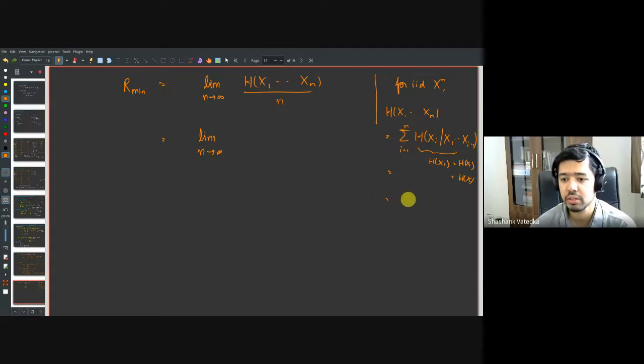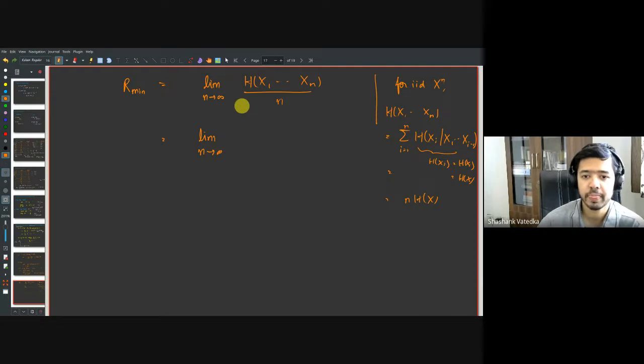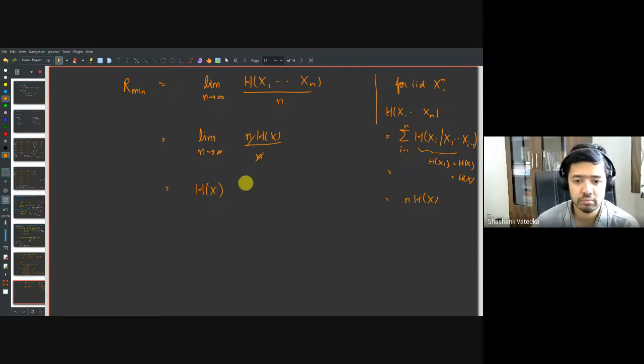So this quantity is simply n times h of x. All right, so this is n times h of x divided by n. The n and n cancel, and this is just equal to h of x or h of x1, whatever. This is specifically for IID.